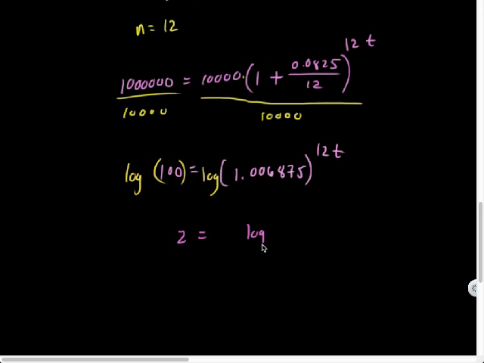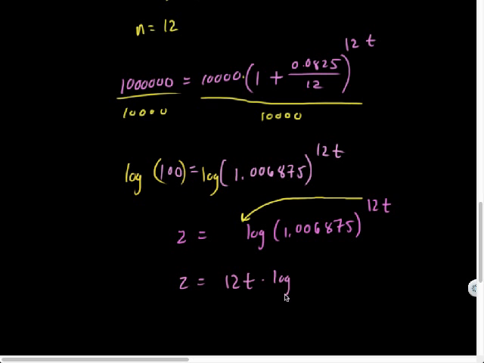Equals log of 1.006875 to the 12t. And what property of logarithms could I use that's going to help me out here? Power property. So I'll have 12t times the log of 1.006875.